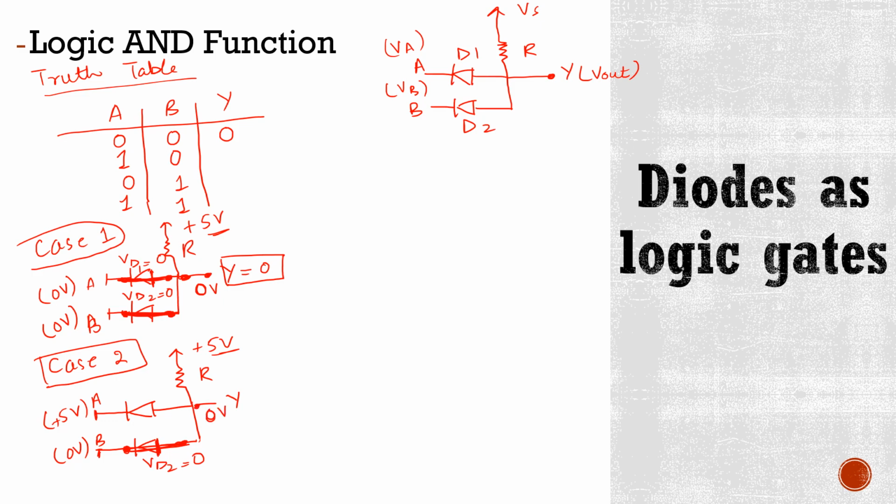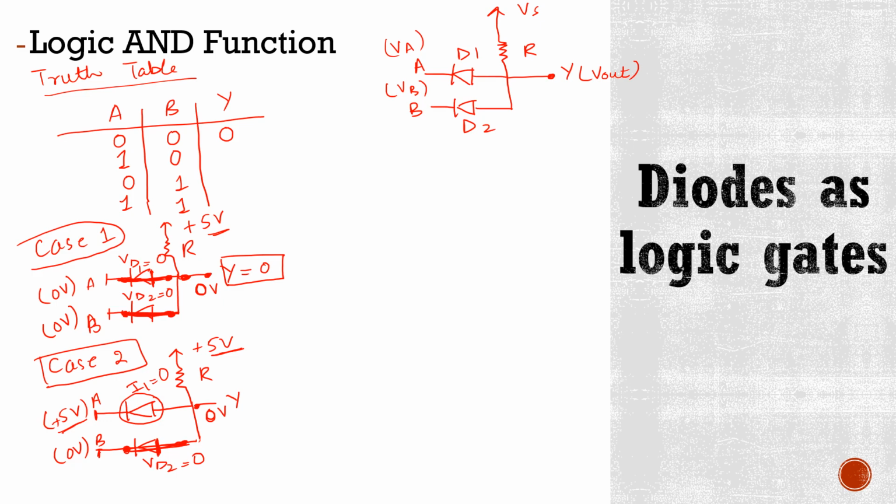Now if we look at this diode, here as you can see there is no potential difference because this terminal A and this source voltage have same potential values. It means there is no current flowing here, and here this diode is in reverse biased condition.